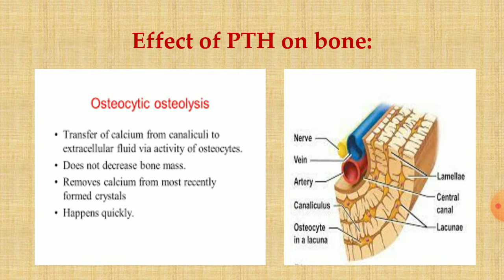You all know different types of bone cells: osteoblast, osteoclast, osteocytes, etc. And specific actions are achieved by which blood calcium level is restored. So in this sequence, the first thing that happens is osteocytic osteolysis. This is the rapid action after PTH release.